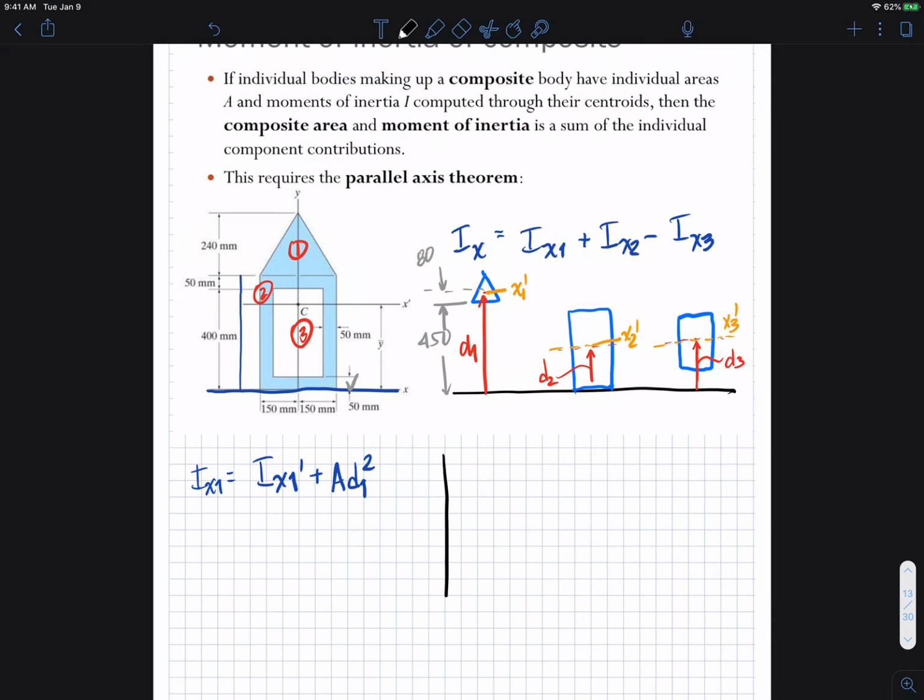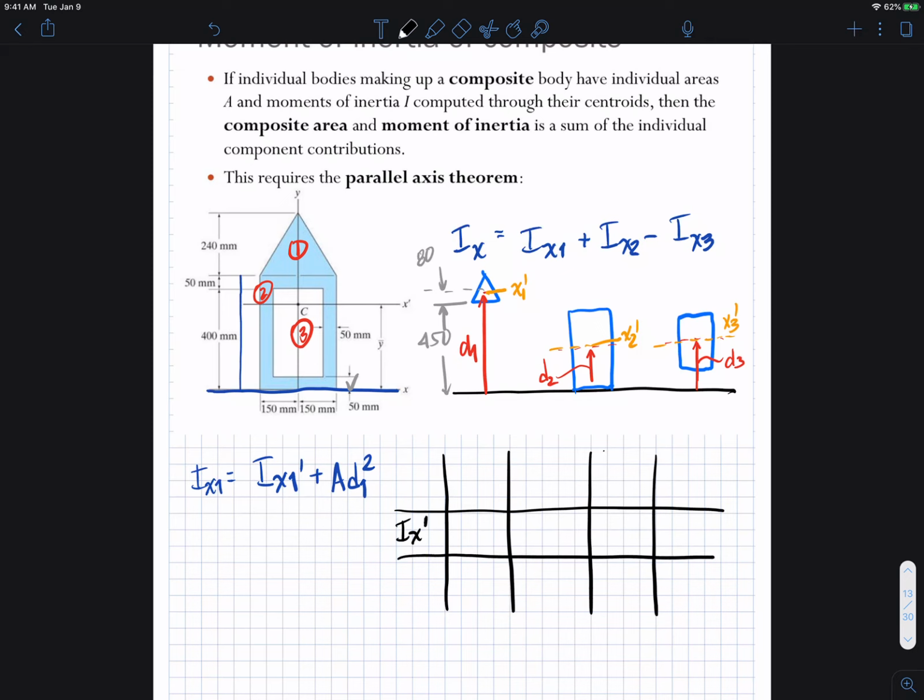So we know we're going to need to do that for all three of these, right? So we have area 1, area 2, and area 3. And I know I'm going to need an Ix value, an area value, and our D value for each of these.